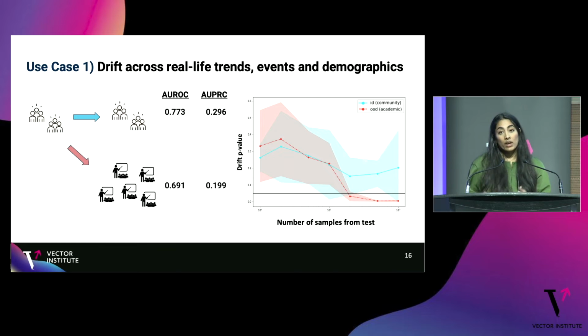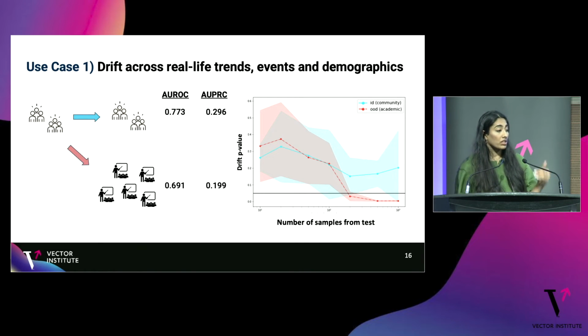And now we can also evaluate drift across different real-life trends, events, and demographics. So here, I'm taking this data, and we've trained our model on community hospitals. And then we're evaluating on community hospitals as well as our out-of-distribution data, which are academic hospitals.